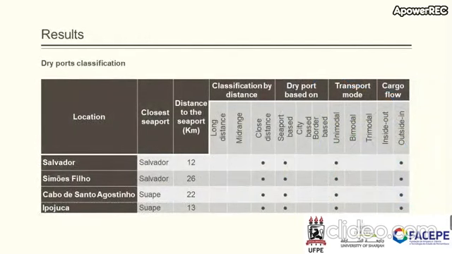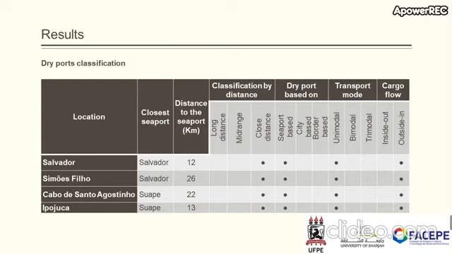So the results that we achieved with this research: for the first research question, where we classified the 4 dry ports in northeast of Brazil, we identified that all those dry ports have the same characteristics and the same kind of operation.